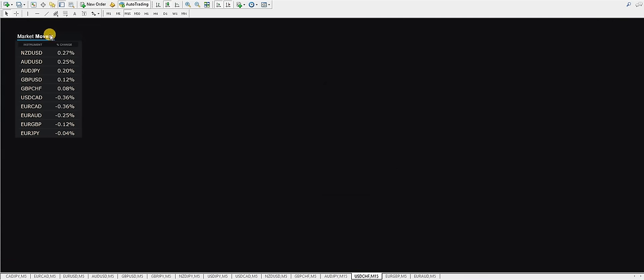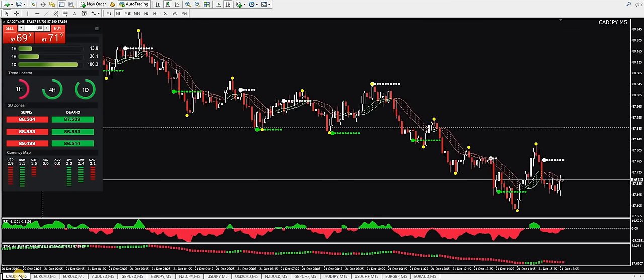And how the vendor uses the market movers indicator is basically he'll say these are the top 10 currency pairs that he's going to be looking into for that day. So today he'd pull up the NZD USD, the AUD USD, the AUD Japanese yen, and so on, and focus on those trades. So that kind of gives him an idea of what's going to be moving the most.